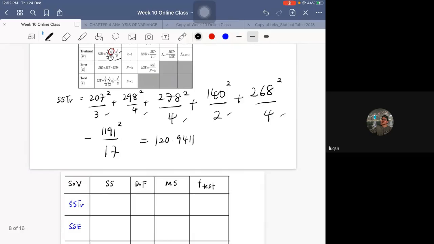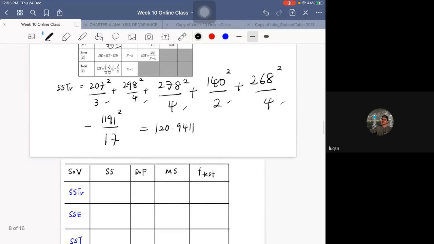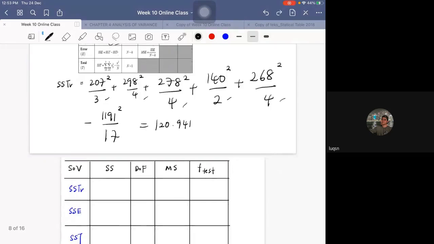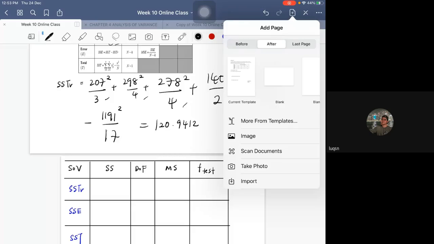Okay, so your friend got a value of 124.9411. So actually, I got a value of, let's put a 2 at the back. So it's going to be 124.9412. So that is going to be the sum of square treatment.